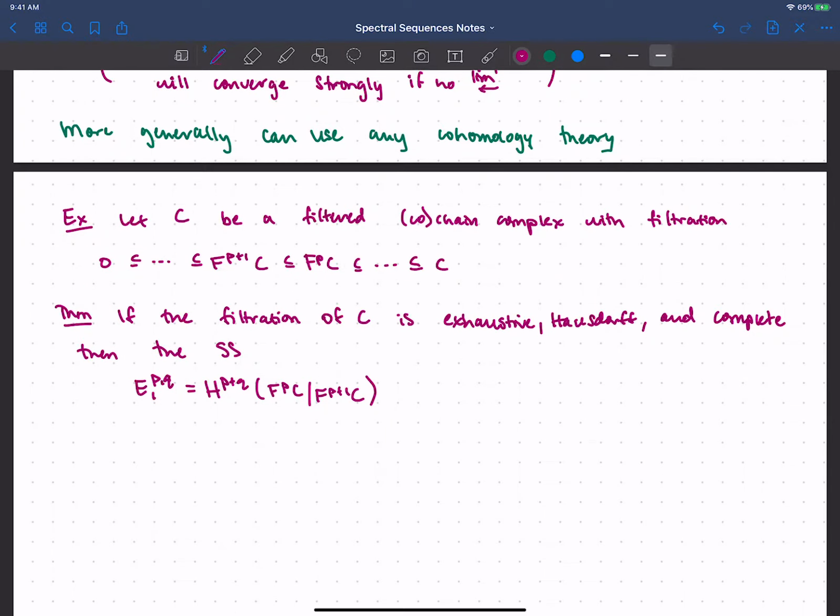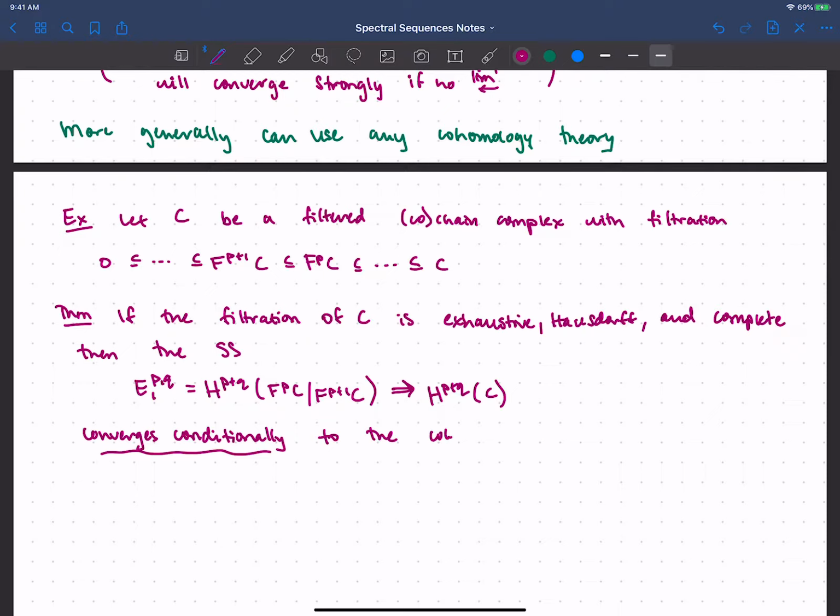Okay, and what does this converge to? Well, it converges to the cohomology of our cochain complex. And how does it converge? That's really what we're interested in now. So the claim is that this converges conditionally. And what does it converge conditionally to?